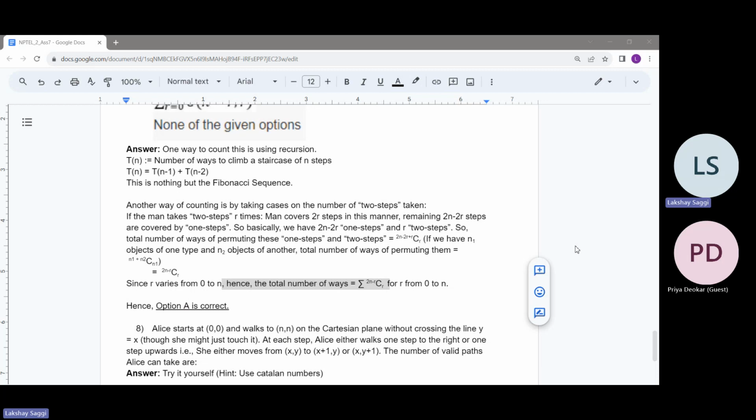The lectures are more based on the principle of inclusion and exclusion, and the seventh question was more related to counting only. But you're saying you got the idea of this, so I guess it's fine. If you have a high level idea, you can go through the video again or read the solution again and you will be able to understand. And if you're not able to understand, you can ask me in the next session also.